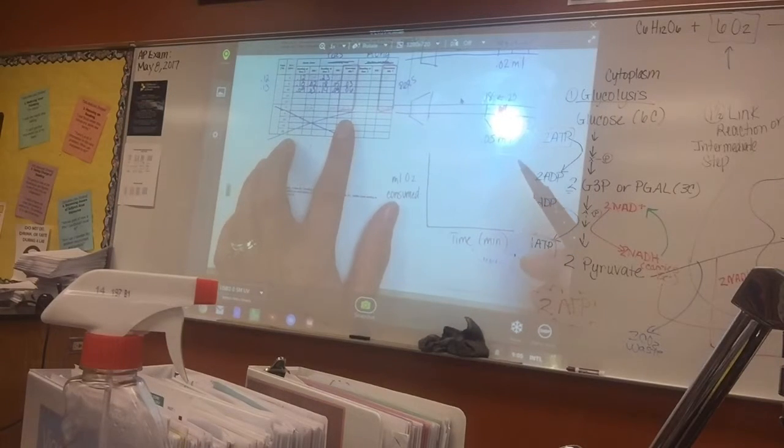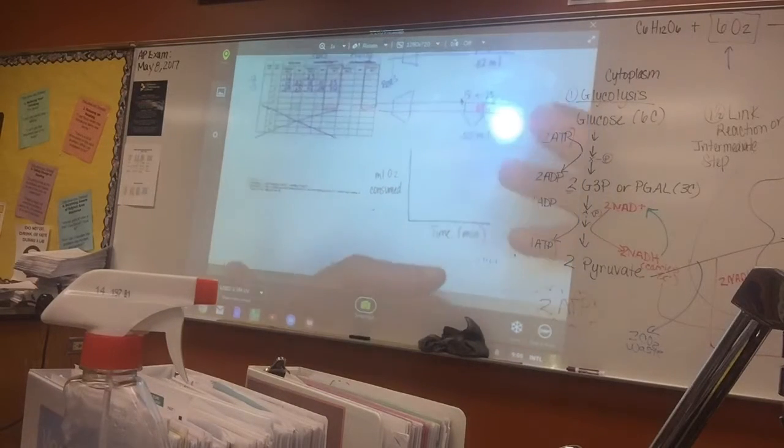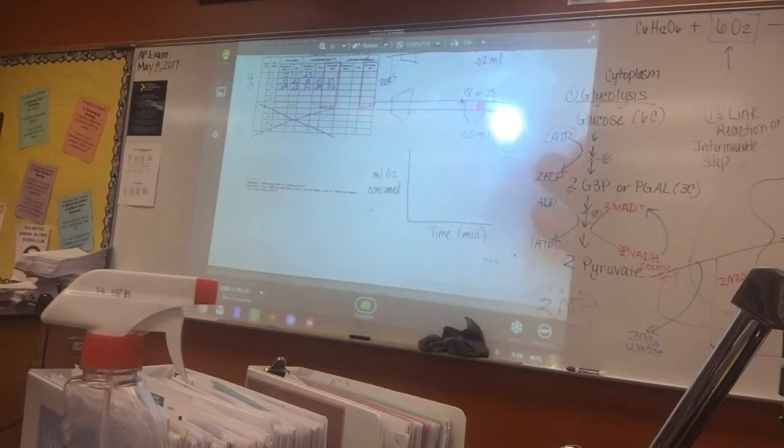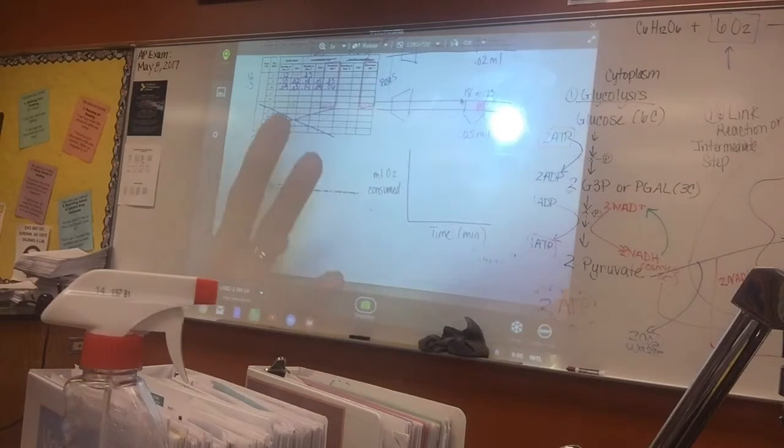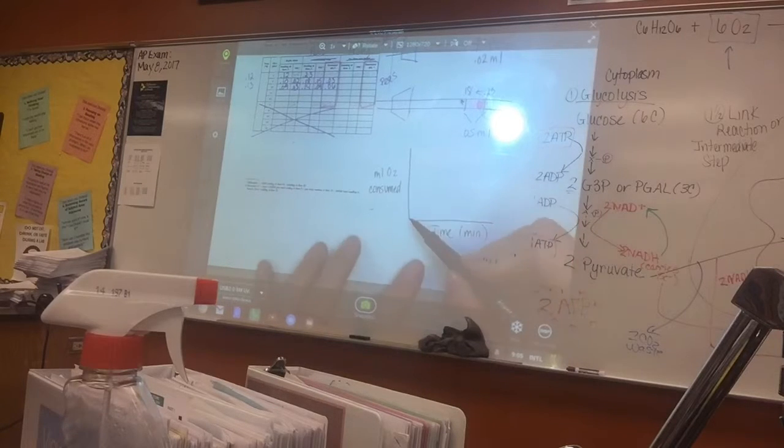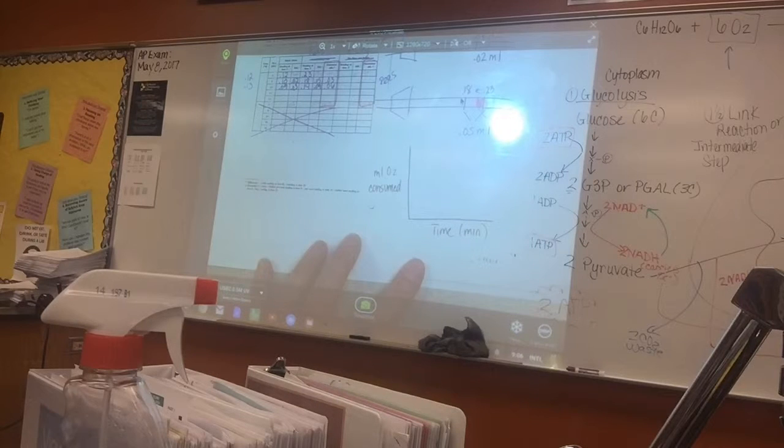And remember, our question had to do with which one has a faster, a higher metabolic rate. In order to figure that out, what about the line am I concerned about? How do I use the line in the graph to figure out the rate of cellular respiration for my seeds?